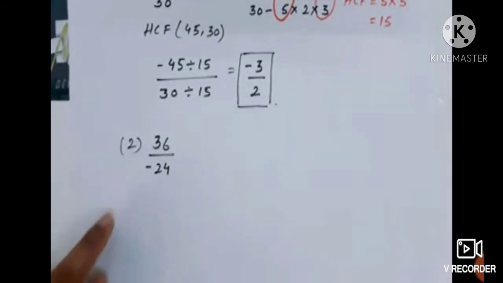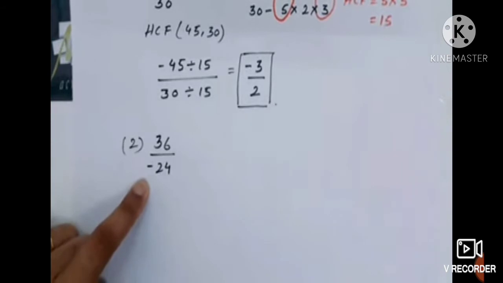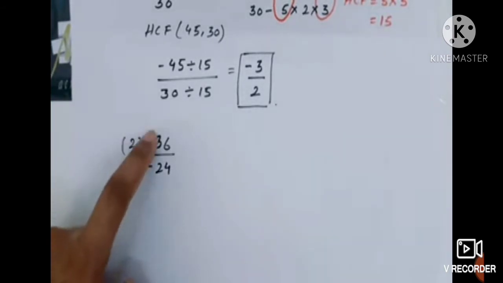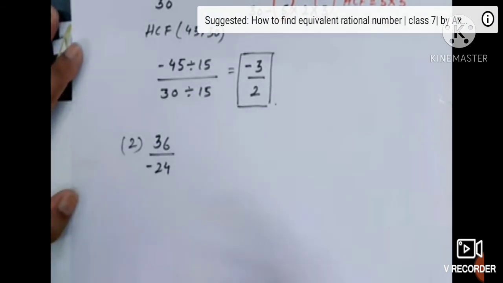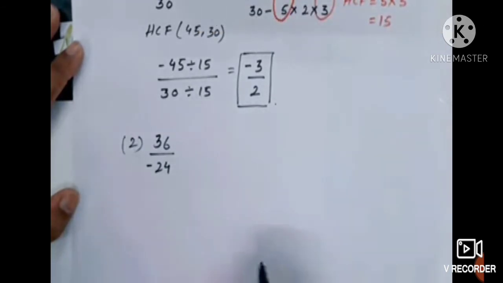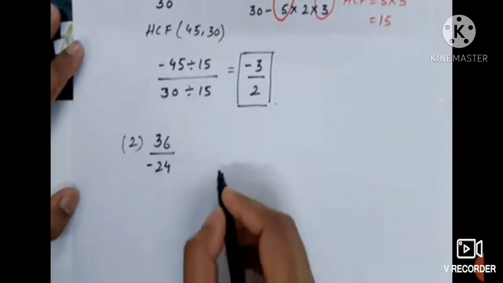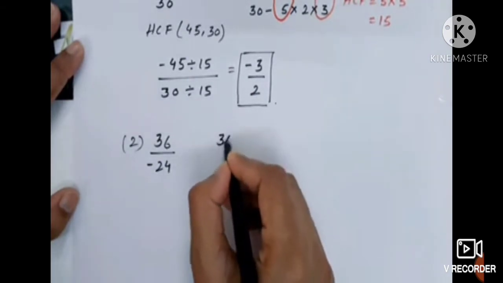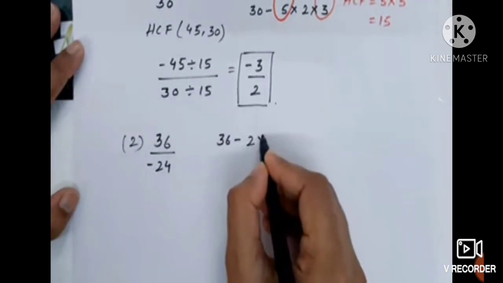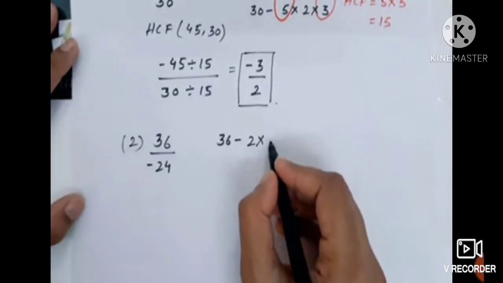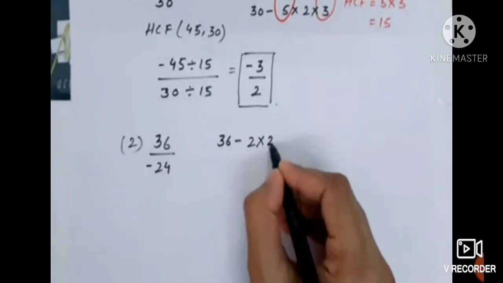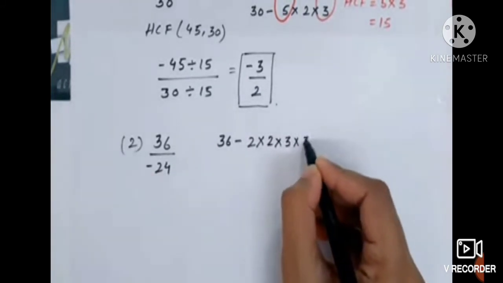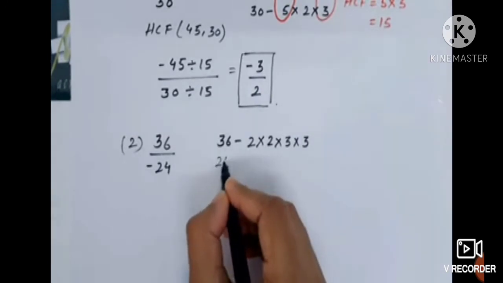36 divided by minus 24. Here the denominator is not positive, it is negative, so what you have to do is find the HCF. What are the factors of 36? By factorization you can find the highest common factor.